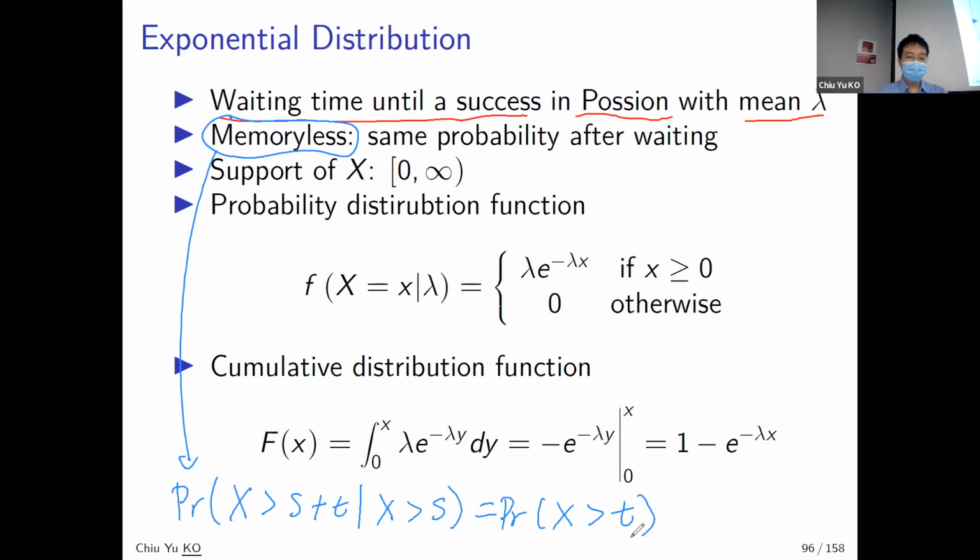It's just that after we wait s period of time, the t more time needed is the same as the original. In our example, t is just 15 minutes. Regardless of how much waiting time s you have done, asking for t more is always the same.